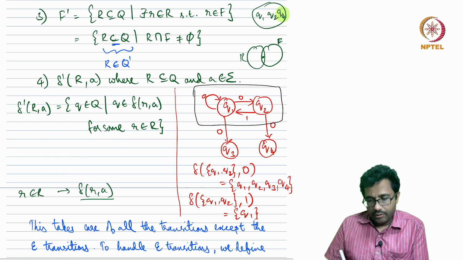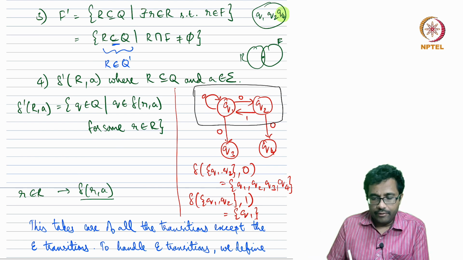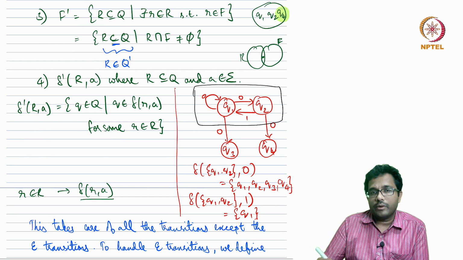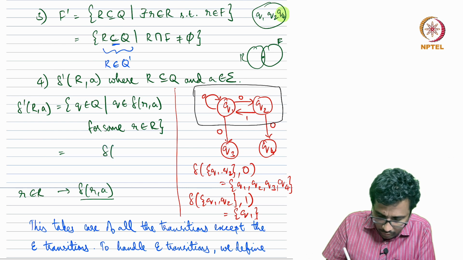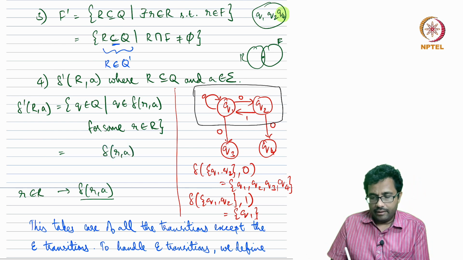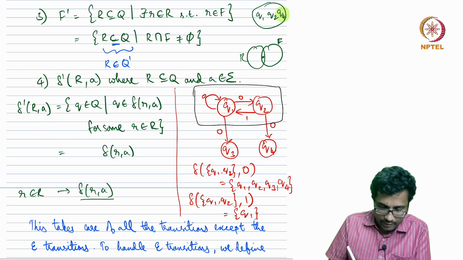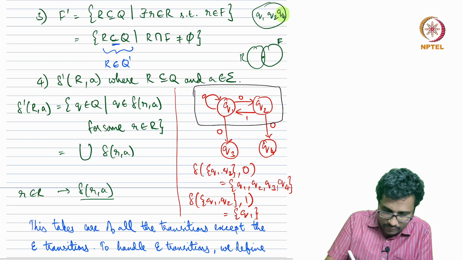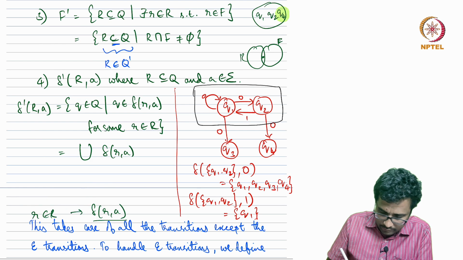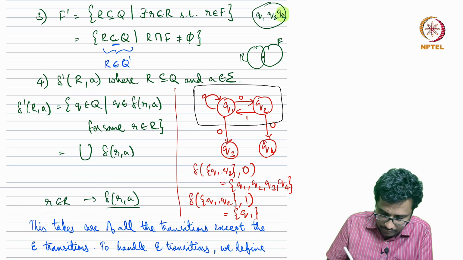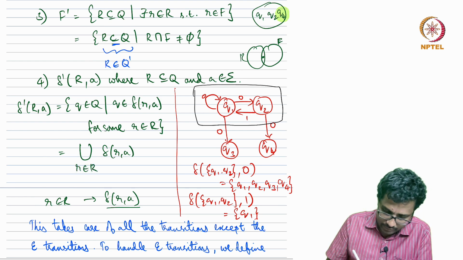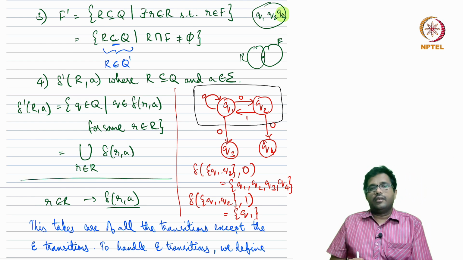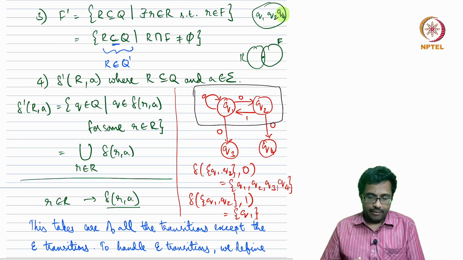So for some member of R, if A takes you somewhere, you include that. Another way to say the same thing is, consider all the delta of r, A for some r, and now you take the union over all the r in capital R. So this is the definition of delta prime.